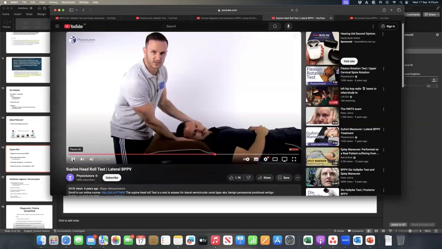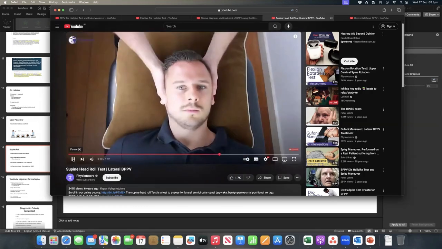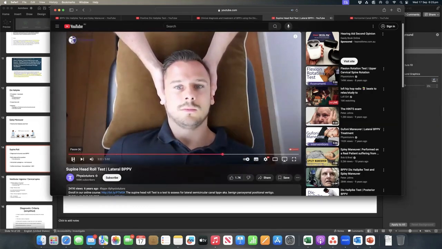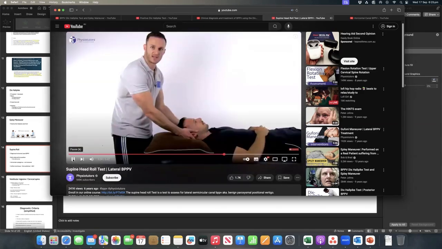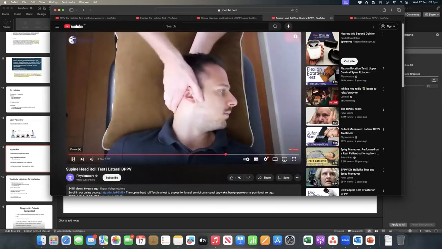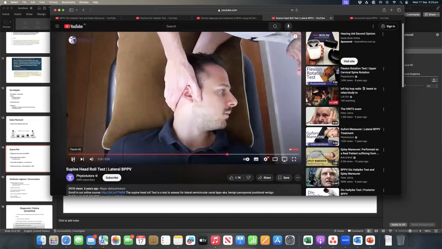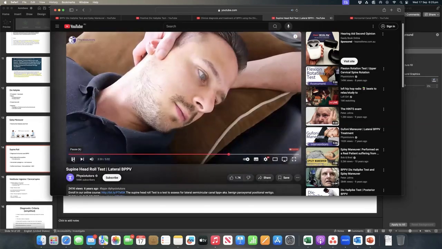After the nystagmus subsides, or if no nystagmus was elicited, the head is then returned to the straight face-up supine position. After additional elicited nystagmus has subsided, the head is then quickly turned 90 degrees to the opposite side, and the eyes are once again observed for nystagmus. All right, and that's it.